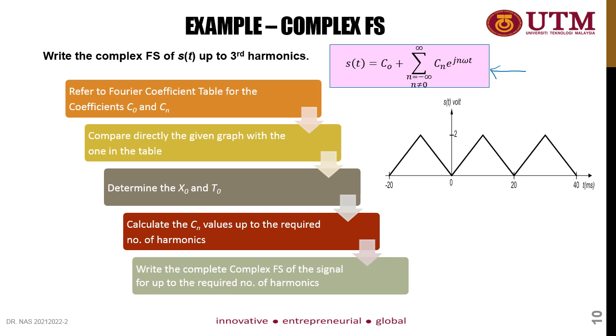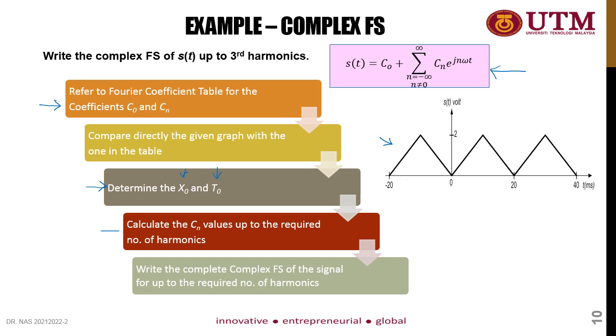So the first step, when you are given a signal, you need to refer to the table for the coefficient values C0 and Cn, and you need to compare the given graph with the graph in the table, and you need to determine all parameters included, as for example the x0 and the t0.